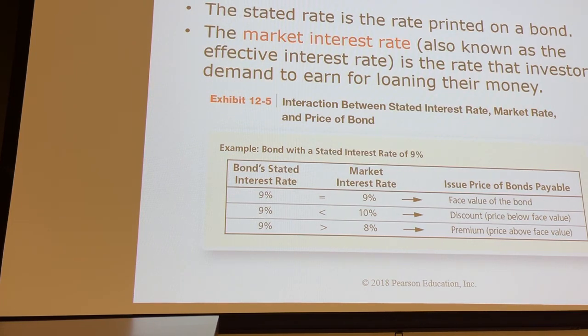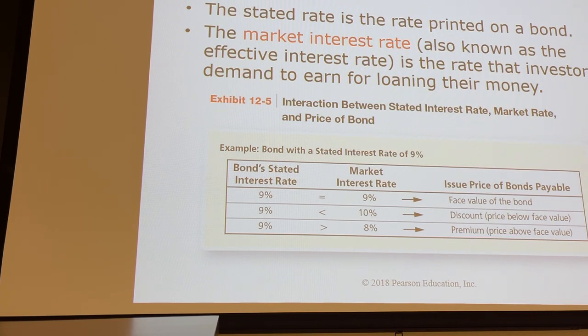Now, if the bond's stated rate of interest is 9% and the market rate of interest is 10%, then the bond is going to be issued at a discounted price, or it will trade in the secondary market at a discounted price. The reason for that is essentially supply and demand.